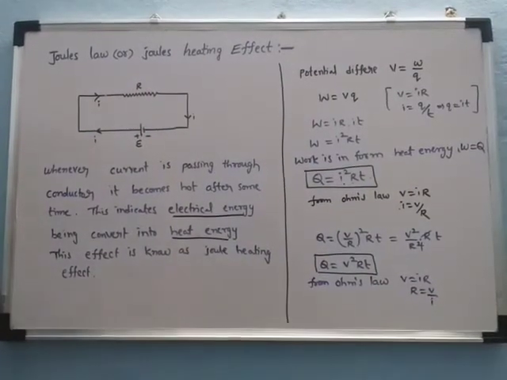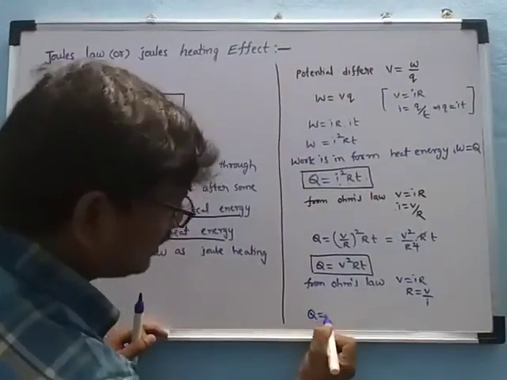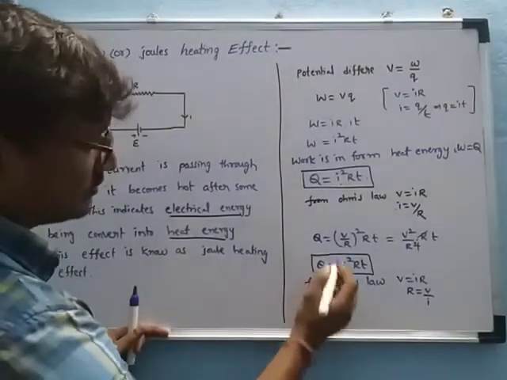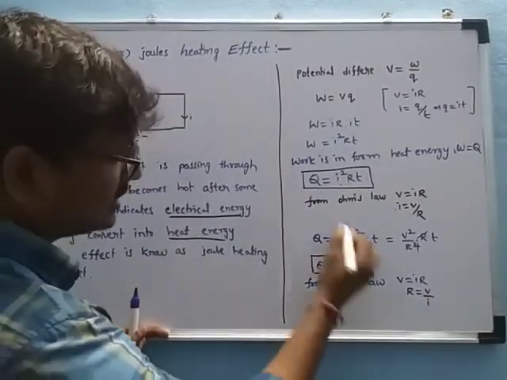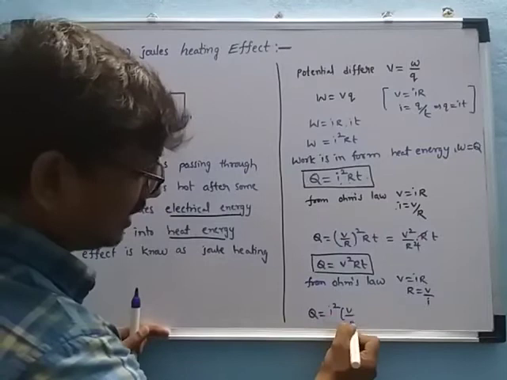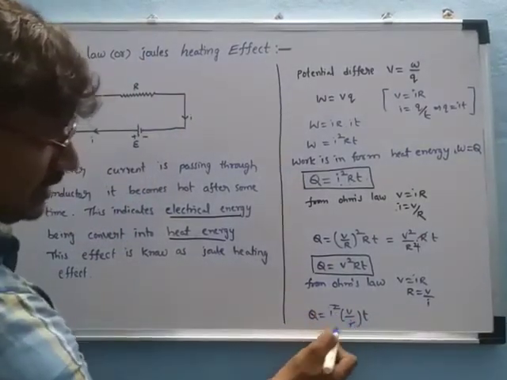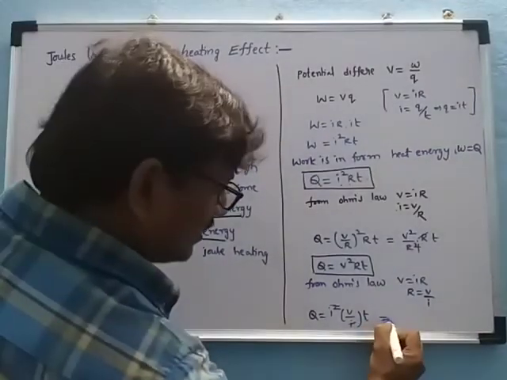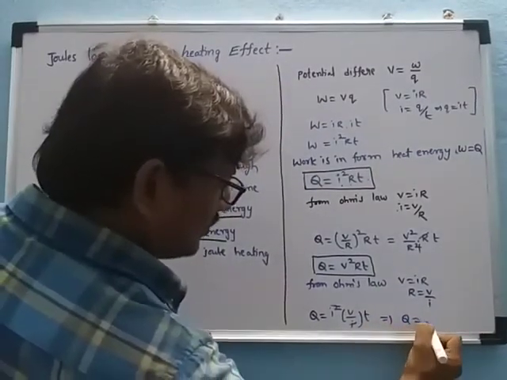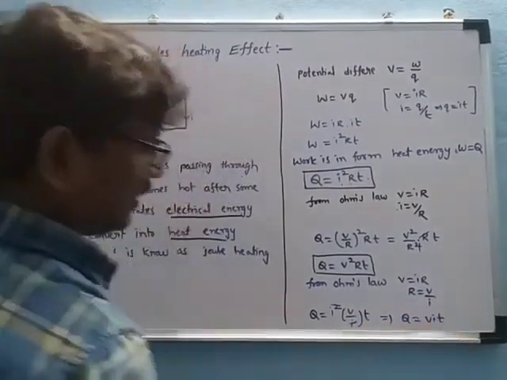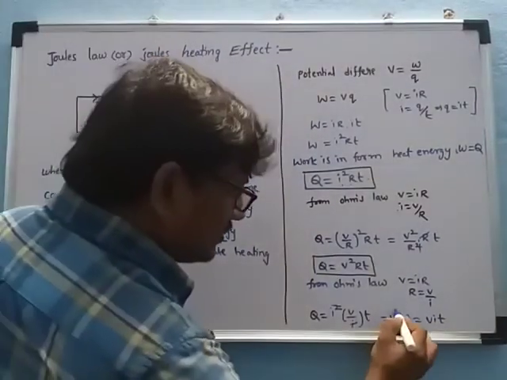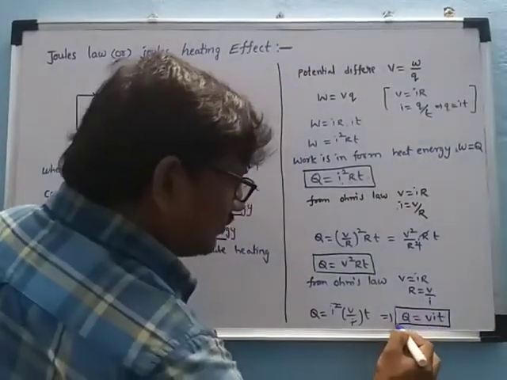Now the amount of heat Q is equal to I squared into V by I into t. The current I gets cancelled, and the remainder is Q is equal to V into I into t. This is the third equation of Joule's heating.